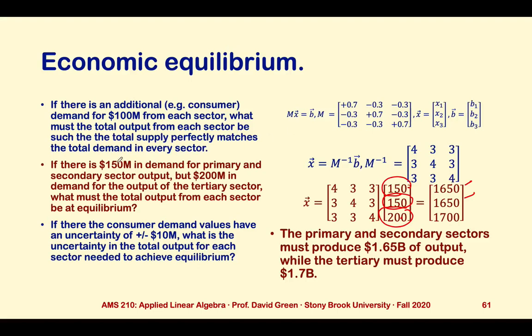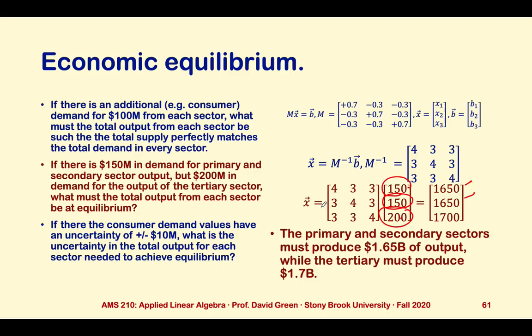Adding 50 million in demand for 2 of the sectors and 100 million of demand for another, so a total increase of $200 million overall in consumer demand, has increased the supply values from $1 billion to more than 1.5 billion. So much more overall production, but the differences still have only the difference from the consumer demand. This happens because of the perfect balance between demands internal to the economy.